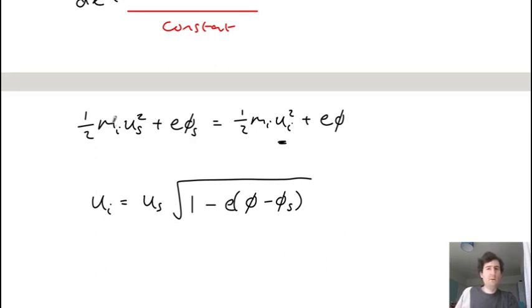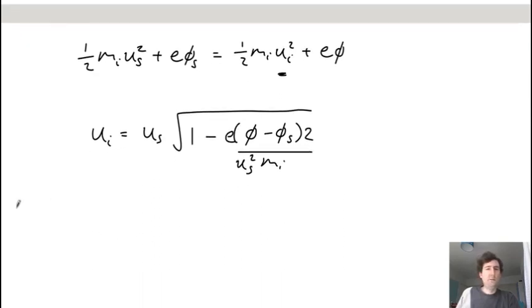We then divide through by m and multiply through by 2, so we end up with a factor of 2 here and an m_i. Because here we've taken the square root of this, if we square it again, we know the u_s squared here and a u_i squared here. At this point we need to cancel out this u_s, so we need a u_s squared here. And so this expression tells us how the ion velocity changes as a function of the sheath ion speed.